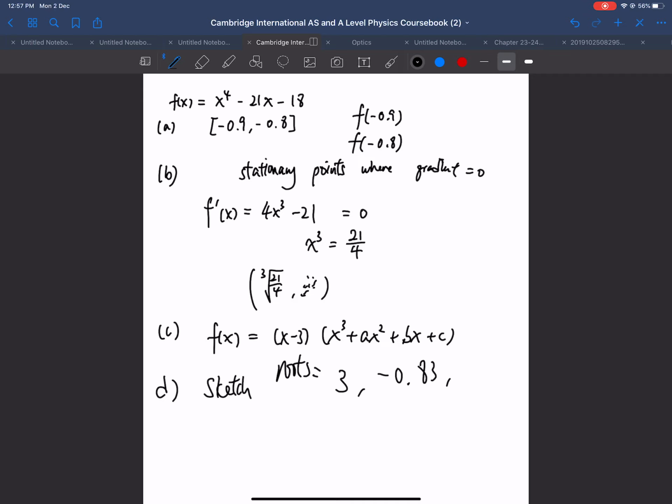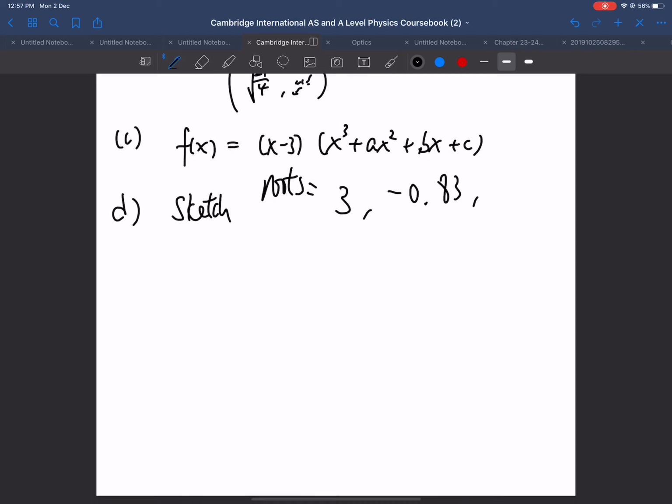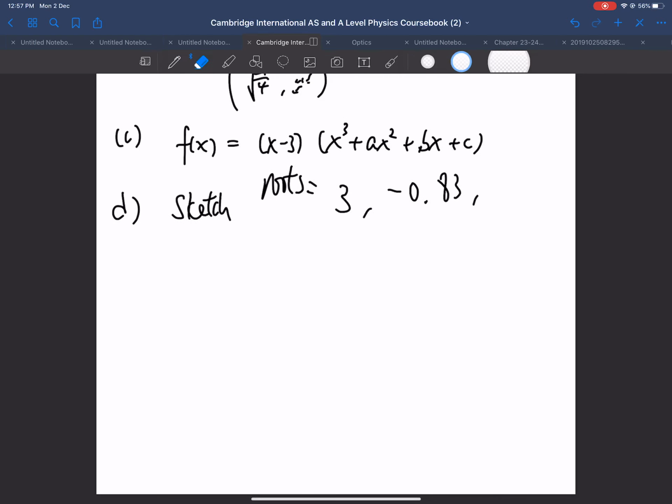But we don't know what the general curve of f(x) is. What's the general shape? You have learned about quadratic and cubic in core math. For a cubic equation, it looks like this one or this one.